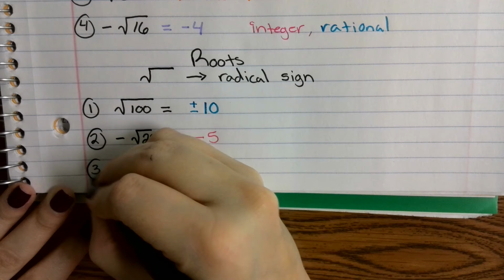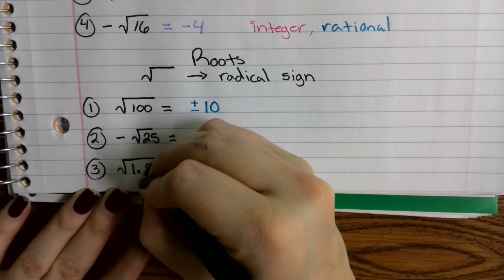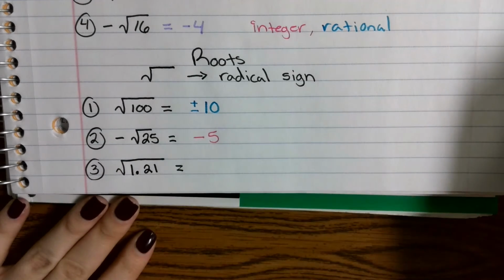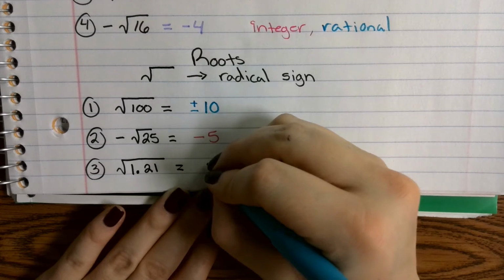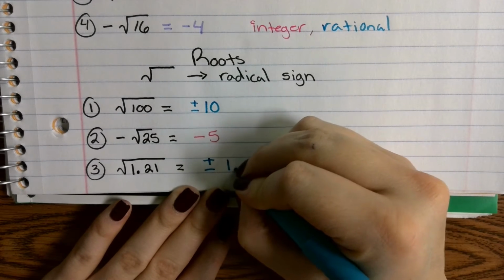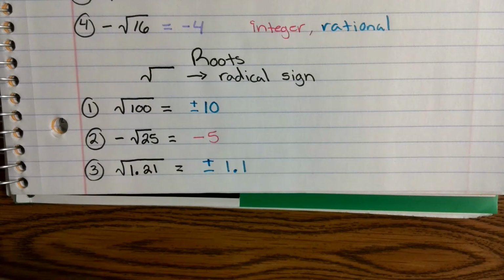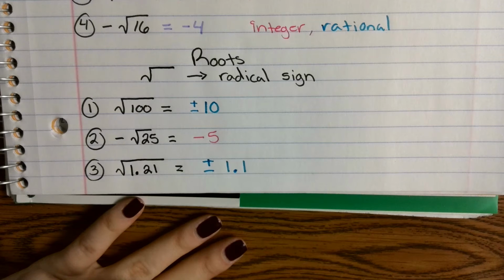So if I say a square root of 1.21, that again, because I haven't indicated anything, that could be a plus or a minus, and that would be 1.1. Because 1.1 times 1.1 is 1.21.